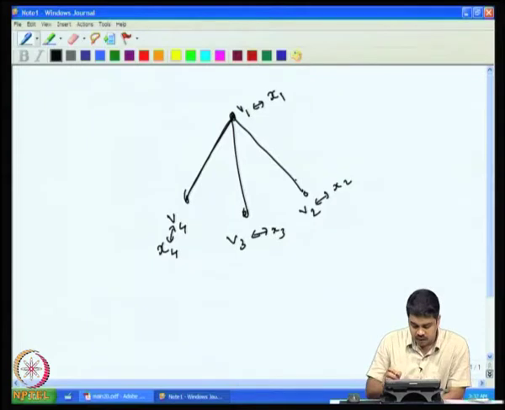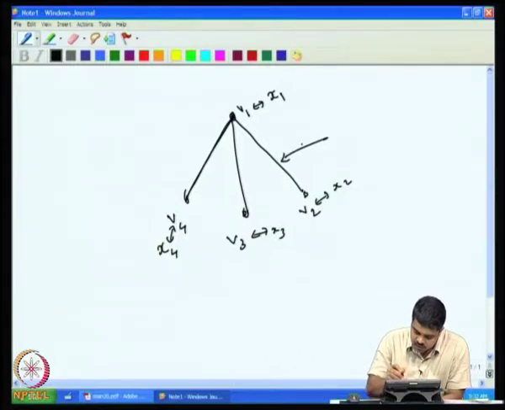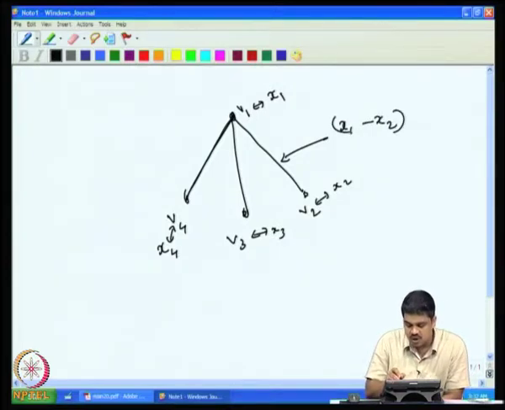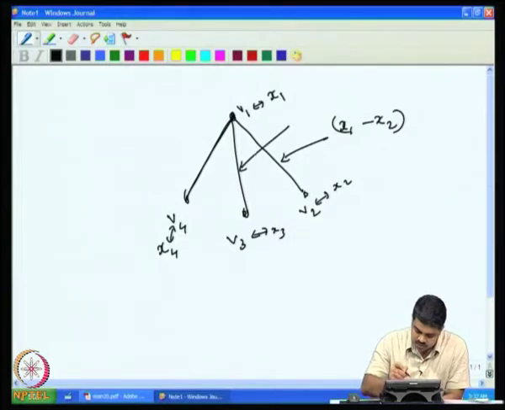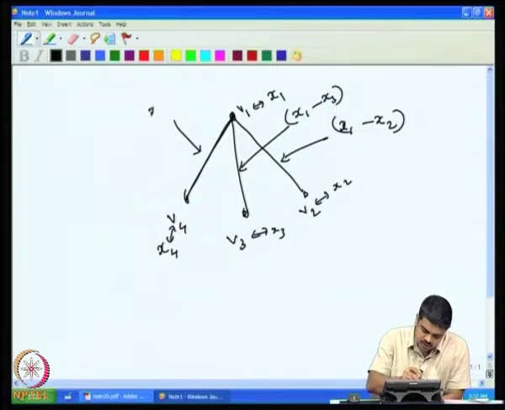So, our polynomial will correspond to these terms. First, for this edge we will have the term x1 minus x2, not x2 minus x1, because we are taking the smaller index first and the higher index next. I less than j is what we have. So, this edge will correspond to the term x1 minus x3, and this will correspond to the term x1 minus x4.